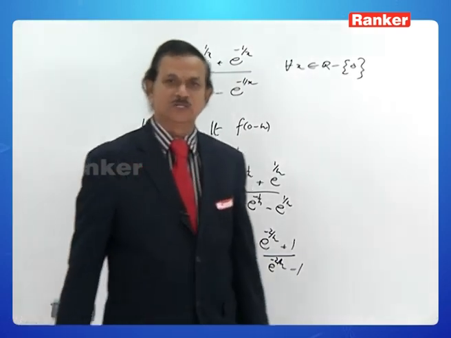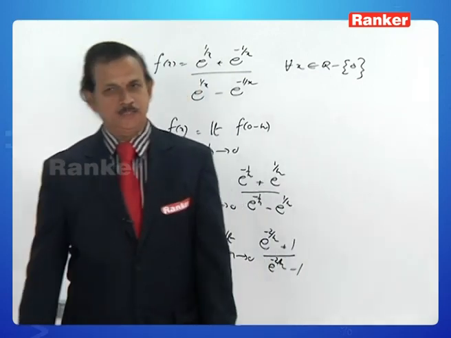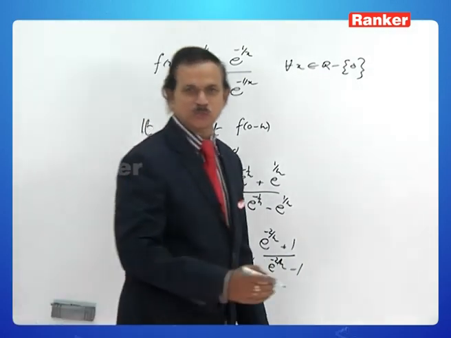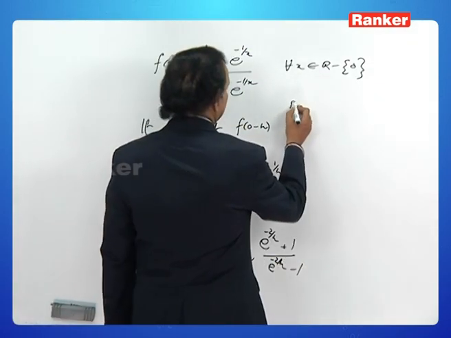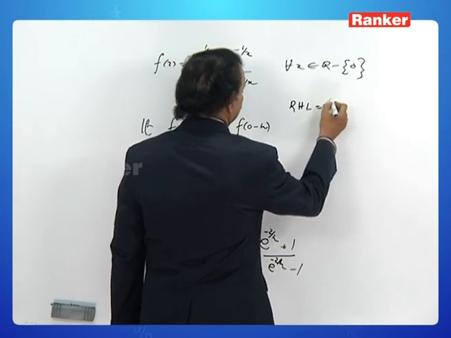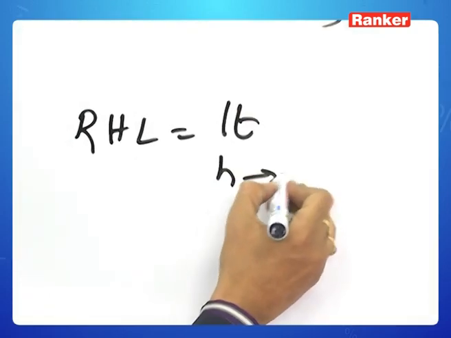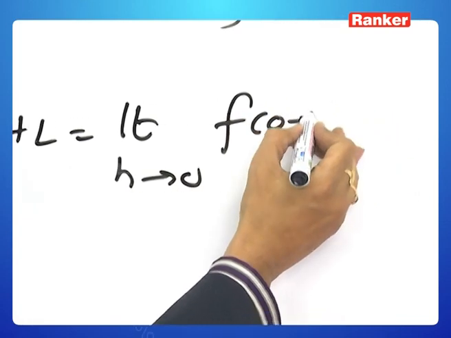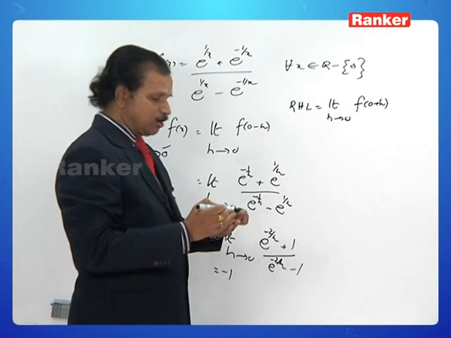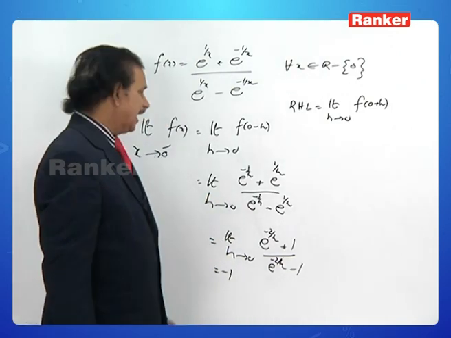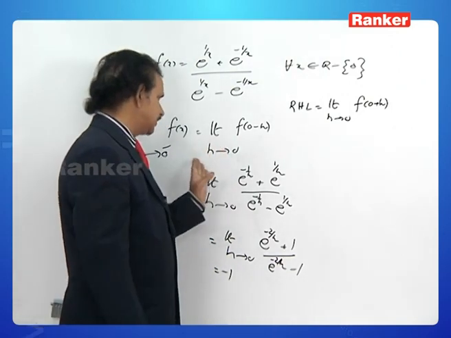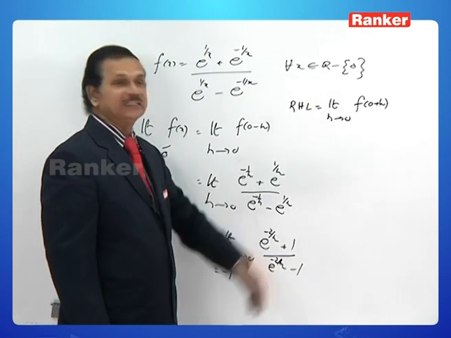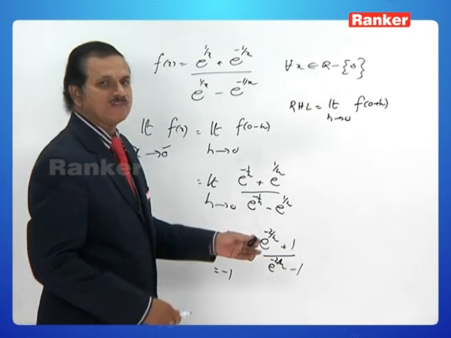Let us look towards the way of finding the right hand limit. How can we do that? f of 0 plus h. As we could express the left hand limit like this, we can write the right hand limit like that. f of 0 plus h means f of h.